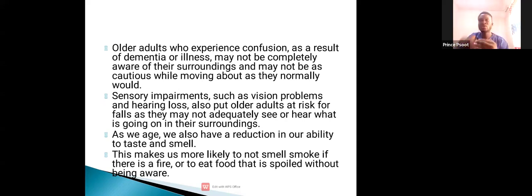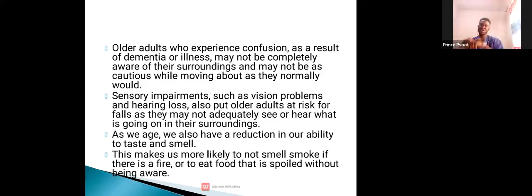As we age, we have a reduction in our ability to taste and to smell. So this makes us more likely not to smell smoke if there's a fire.